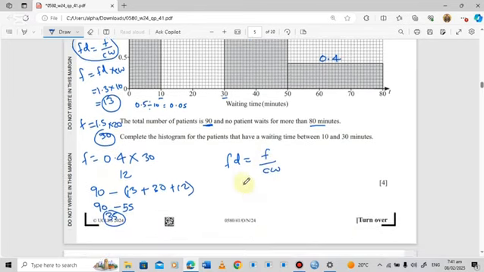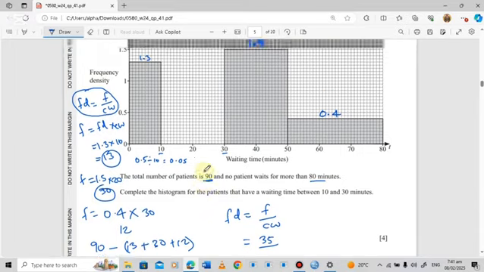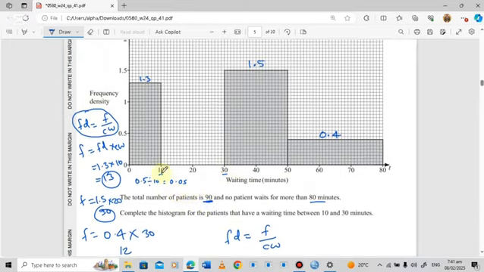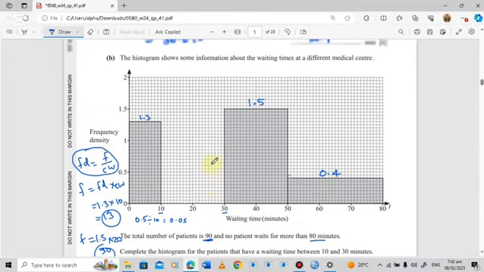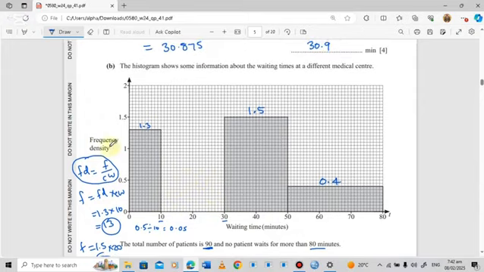The frequency is 35, which we found, divided by the class width. The class width from here to there is 10, 20, so it's 20. Then 35 divided by 20 is 1.75. All right, so the frequency density for this missing bar of this histogram is 1.75.